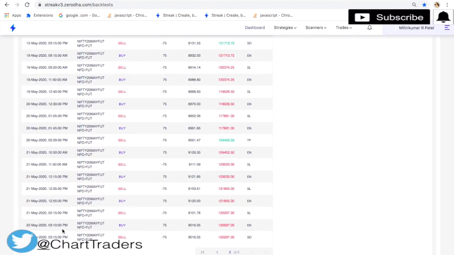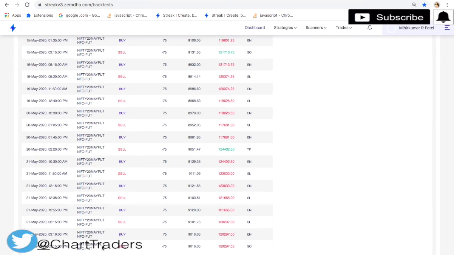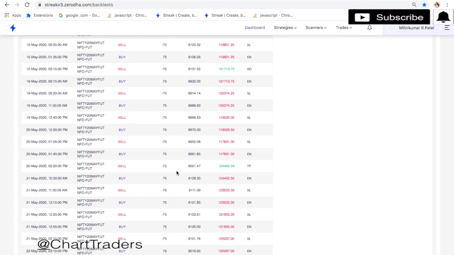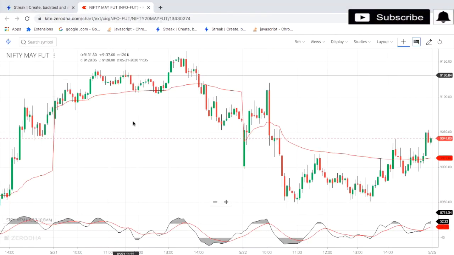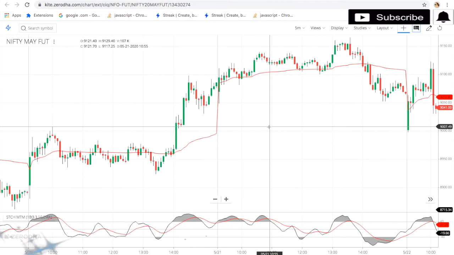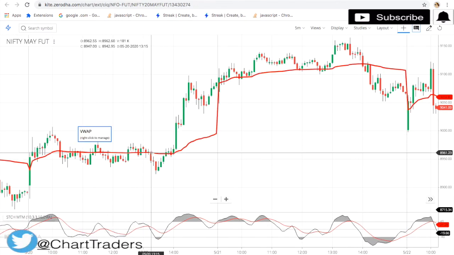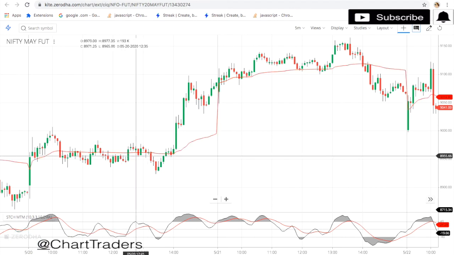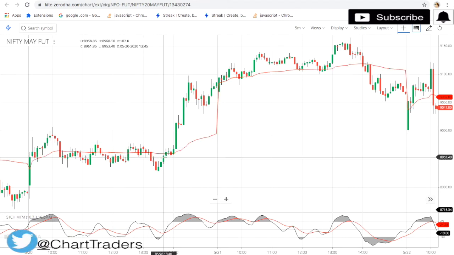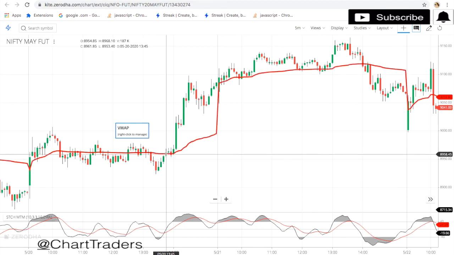On 22nd May around 3:10, that is an entry point. We are just ignoring it. We will see one target achieved, that is on 20 May, around 1:45. At this point, the close is above this candle, above this VWAP, and the stochastic is also crossing.